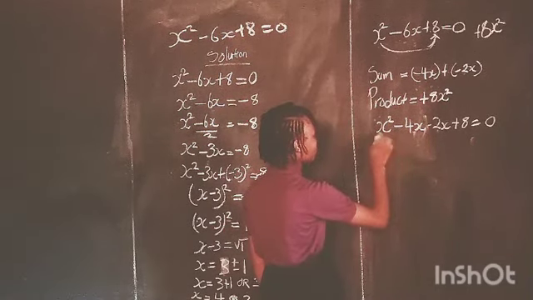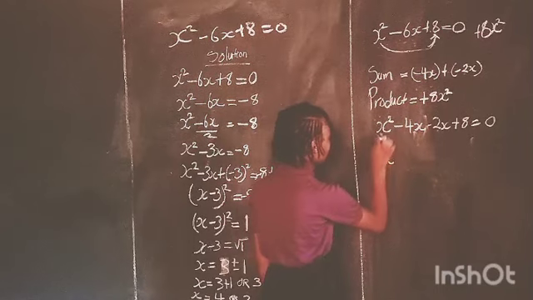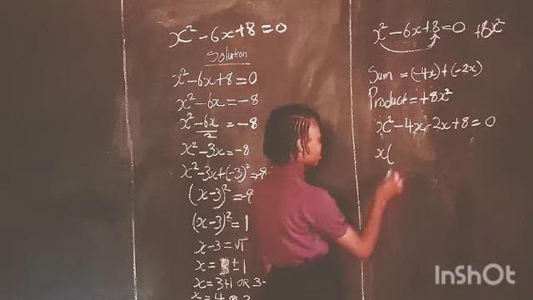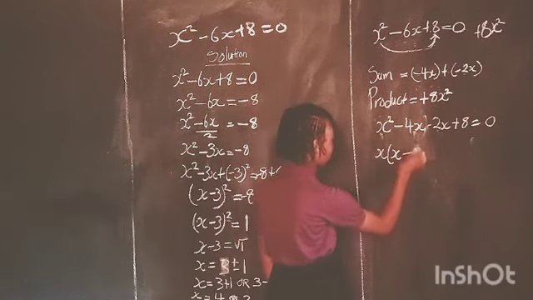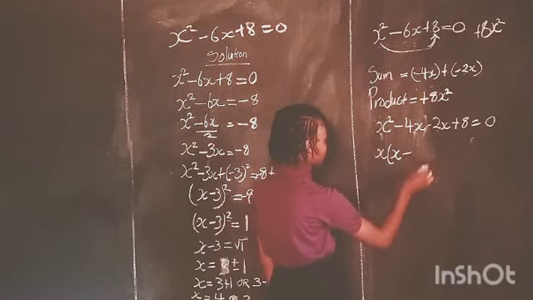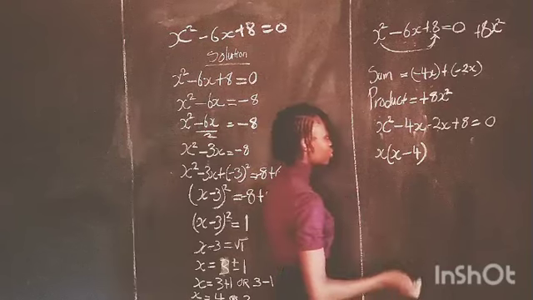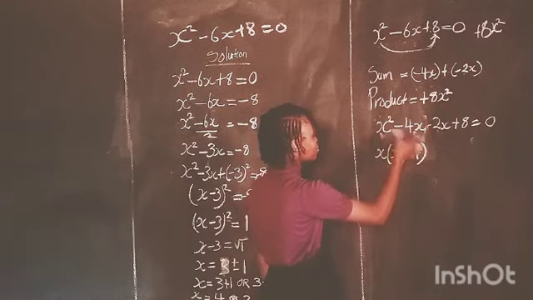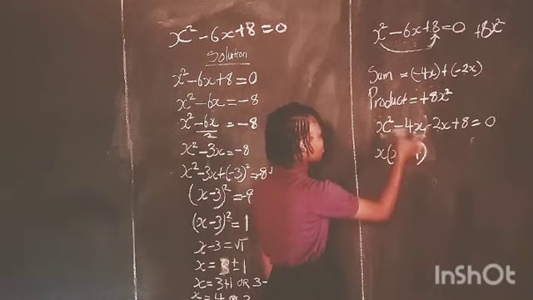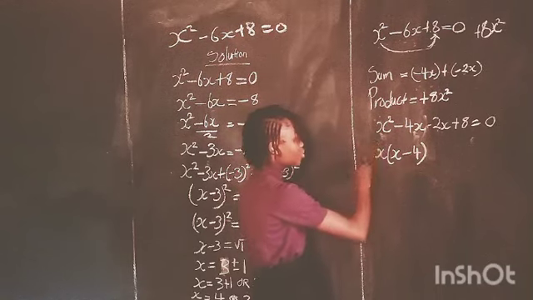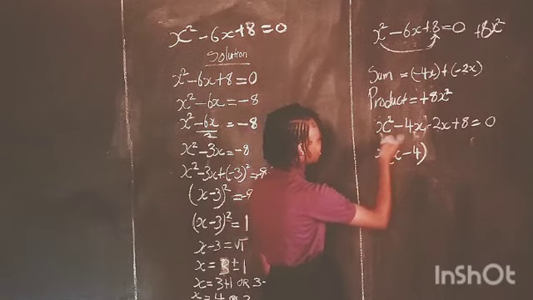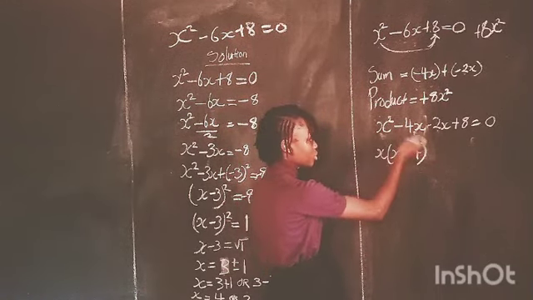x will divide this. When x squared is divided by x, we have x. Minus 4x divided by x, we have minus 4. It's more like you just check from these two algebraic expressions, what can you use to divide both?